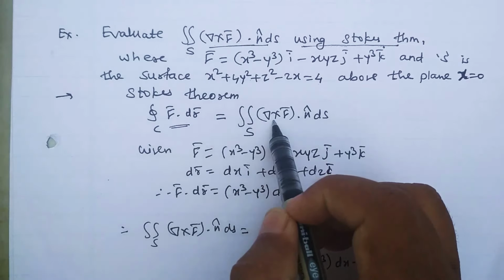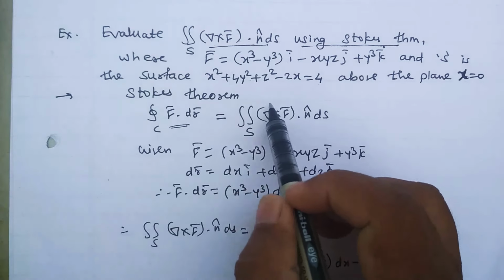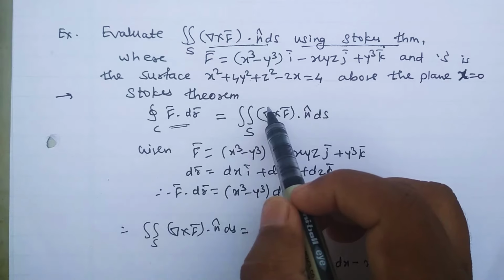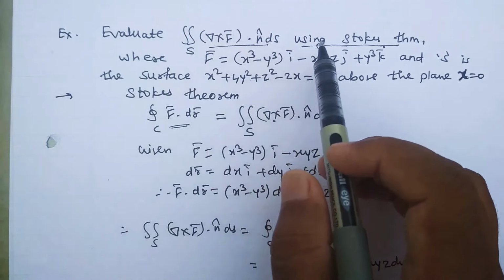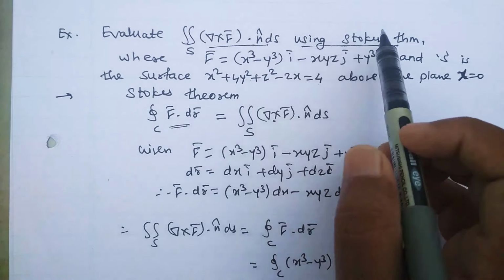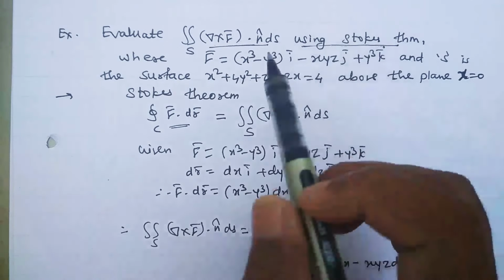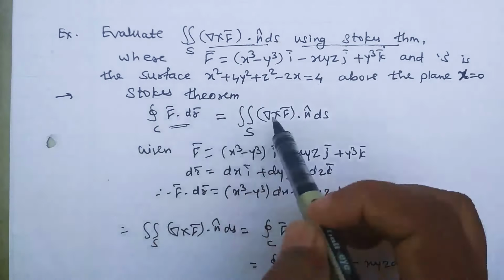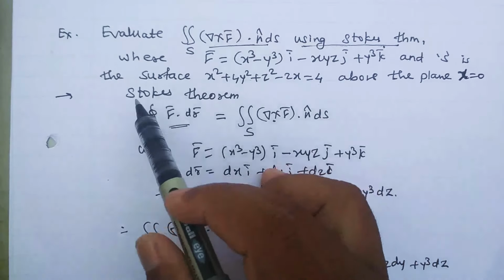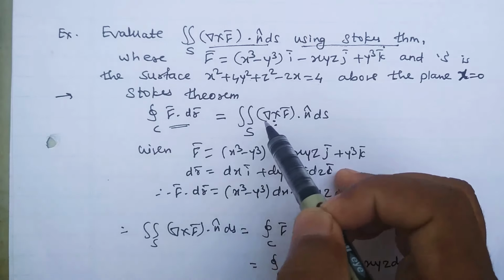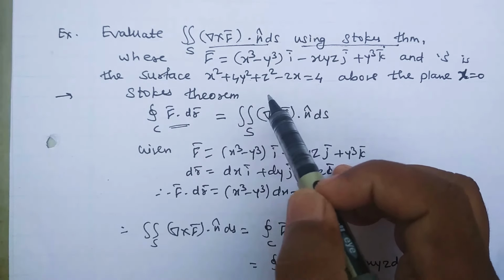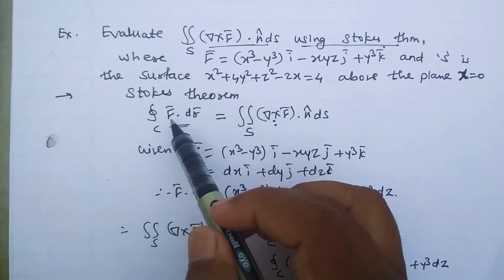That means we have to evaluate the RHS of this Stokes theorem. But the question also mentions to use Stokes theorem, so we need to use this statement of Stokes theorem. The question is to calculate the RHS, but by using Stokes theorem we are going to calculate the LHS.